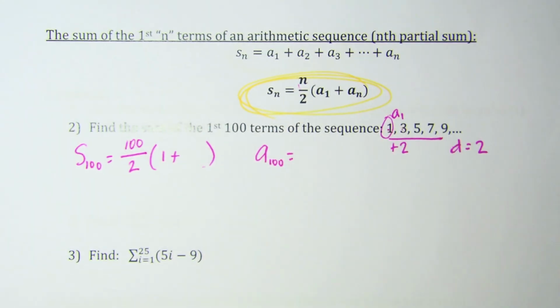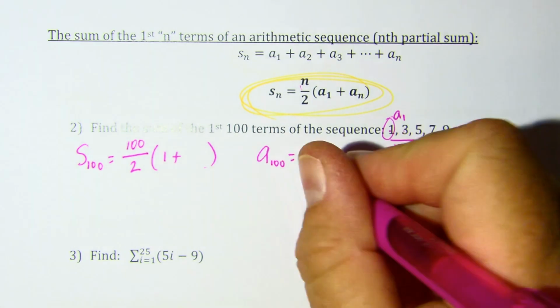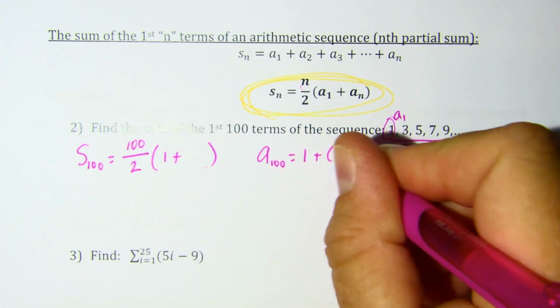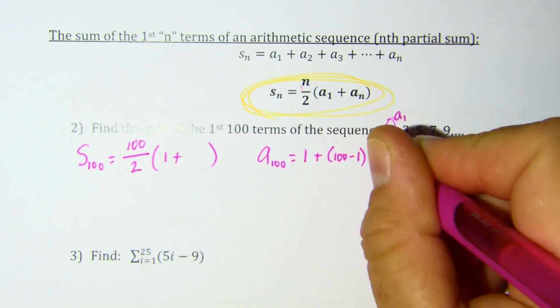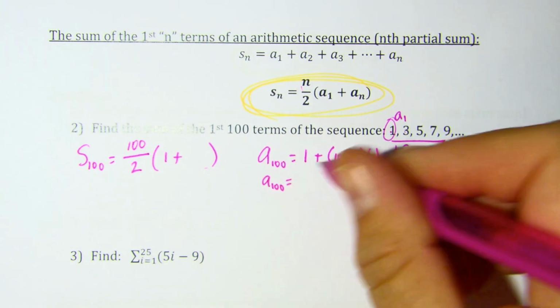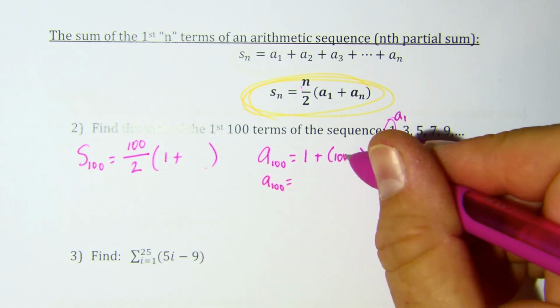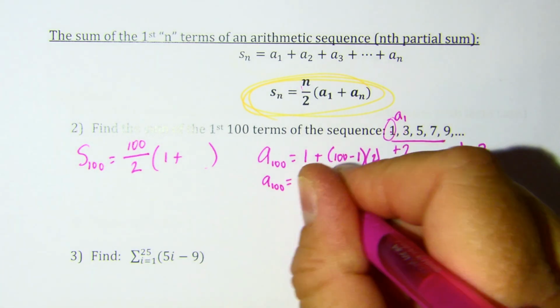But I can find it by that formula we had on the previous page: a1 plus n minus 1 times our common difference. Well, n is 100, minus 1, times 2. So a sub 100 is 100 minus 1, which is 99. 99 times 2 is 198. 198 plus 1 is 199.